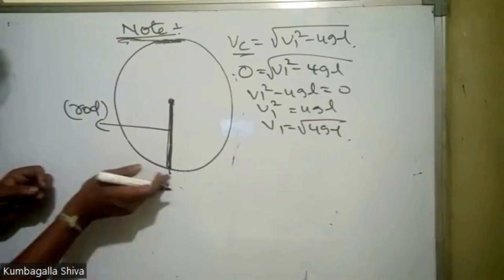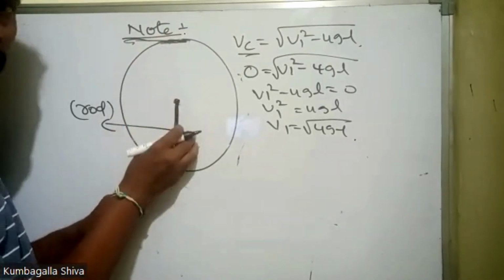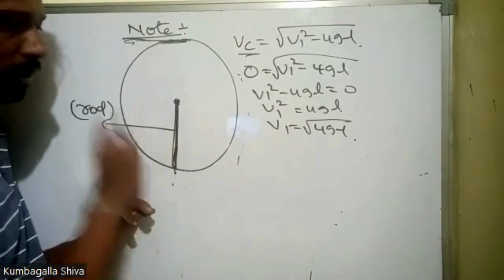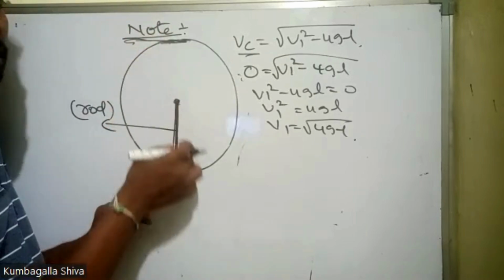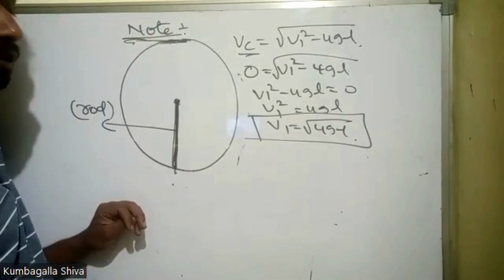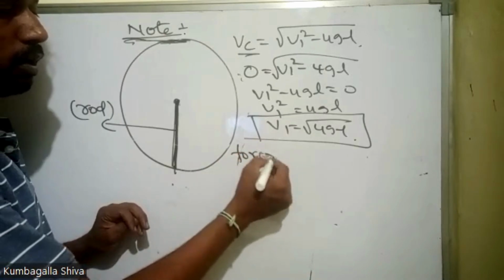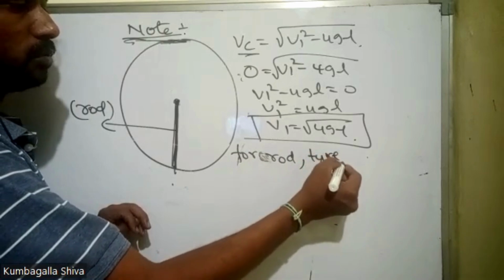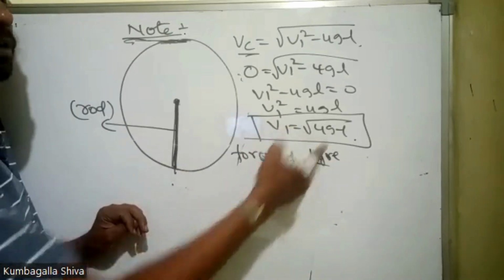So what will be the minimum velocity to be given to reach the C position for this kind of body, when you have a uniform rod, or when you take a tire and throw a ball to make a circle? You must give the minimum velocity v1 equal to root 4gl for a rod and for tires. For throwing a ball, for rod and tires, the minimum velocity should be v1 is equal to root 4gl.